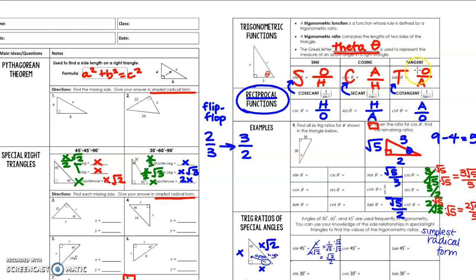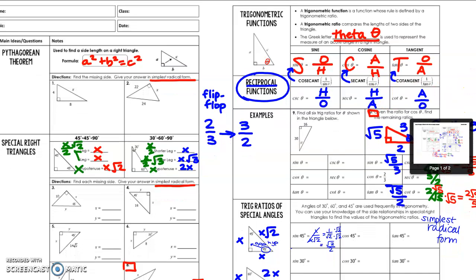Cotangent is the reciprocal of tangent. Just like this is SOH-CAH-TOA, this might be easier to remember if you keep it in that same order. Cosecant, secant, cotangent are the reciprocals of sine, cosine, and tangent, and it's HO, HA, AO. Some of you appreciate that, I'm sure, but I'm just trying to help you remember.